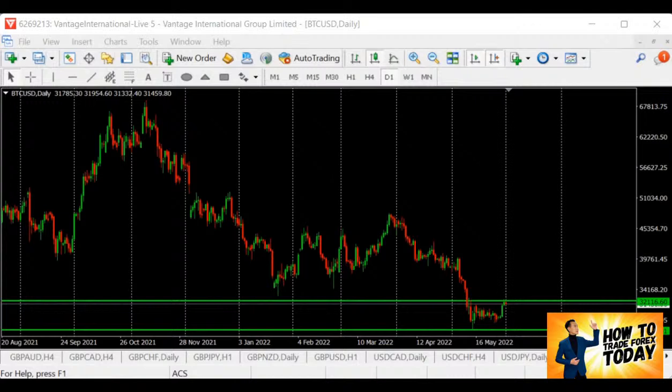So today, let's take a look at what we have to focus on. Time flies so quickly. We have EURCAD, Euro Yen, Dollar Yen, Pound Aussie, Pound CAD, Pound Yen, and Pound Dollar.